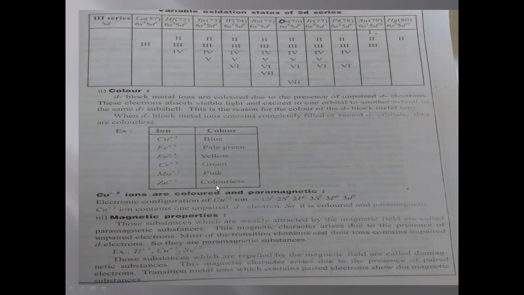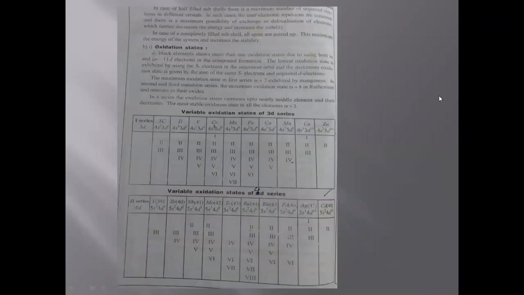Why? See, if you take zinc, what is the atomic number of zinc? We have discussed that just now. Zinc atomic number is 30. Here I am showing you zinc outermost electronic configuration, that is 4s2 3d10. Now zinc is in +2 state.